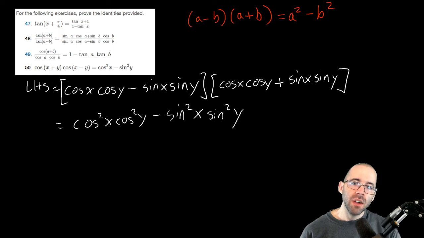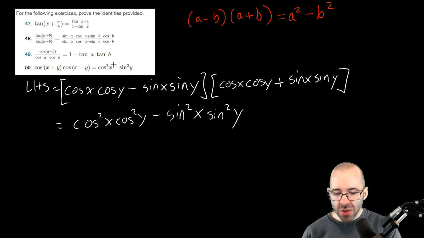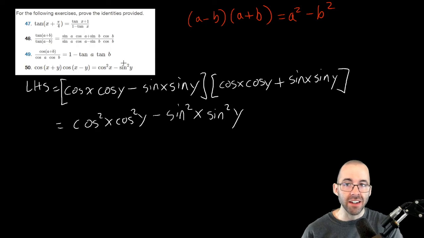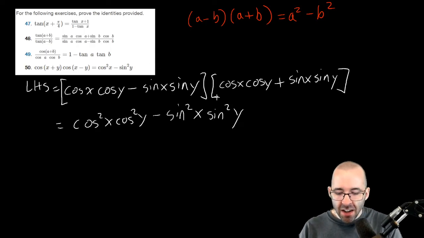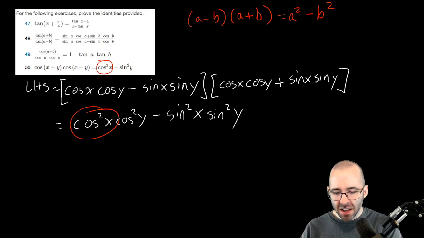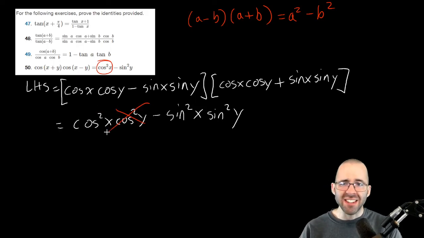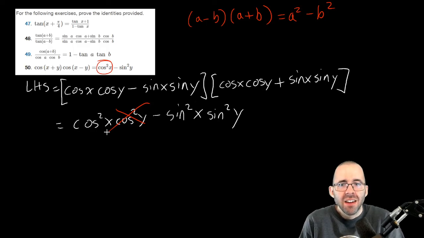So what is the problem here? Look at where we're trying to go and look where we're at. What I see, and it did stump me for a second as well, which is why I chose this problem, because I thought it was going to be tricky. We have a cosine squared in that first term, a cosine squared of x. We don't want this, but we can't really simplify it.